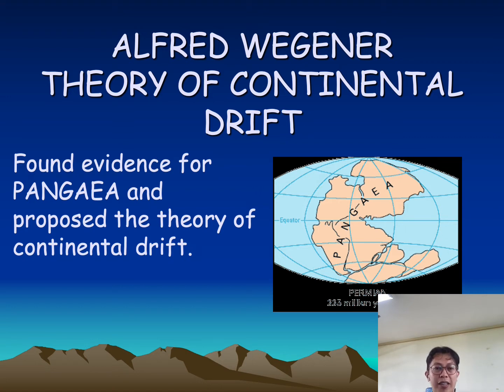Our continents drift. And he found evidence for Pangaea, an important word today, and proposed the theory of continental drift. And who's that? That's Alfred Wegener, a German scientist. You pronounce that Wegener, not Wegener, okay?